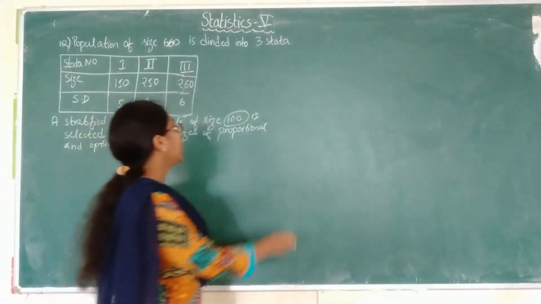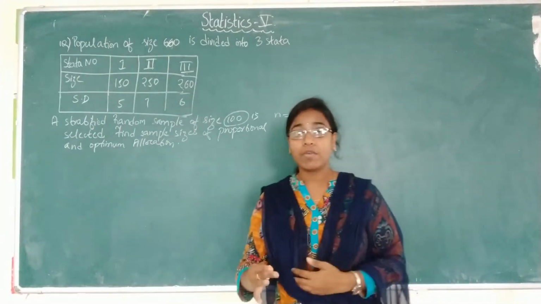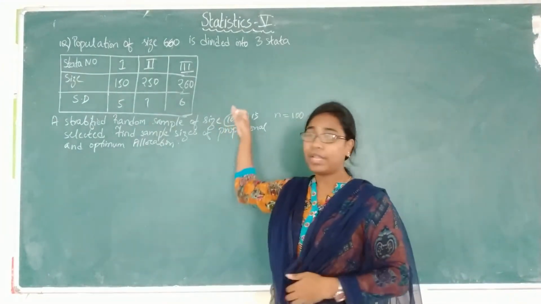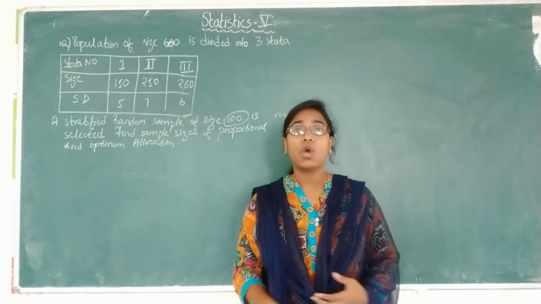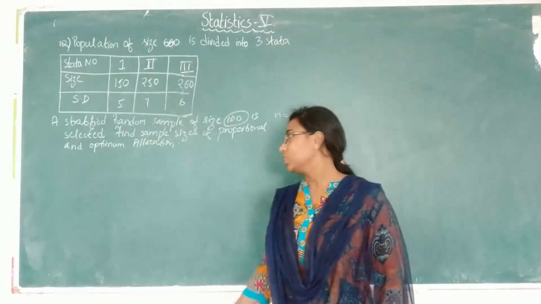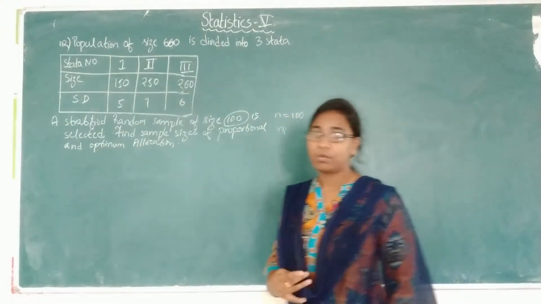We know that the n value is 100, but how do we distribute the sample among the strata, either by using proportional allocation or optimum allocation? So we have to find the ni values now.